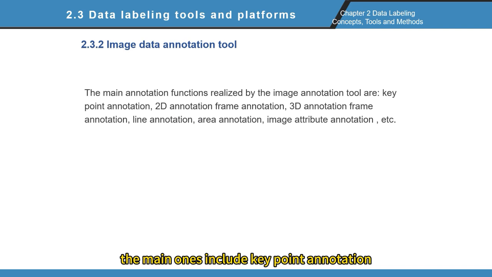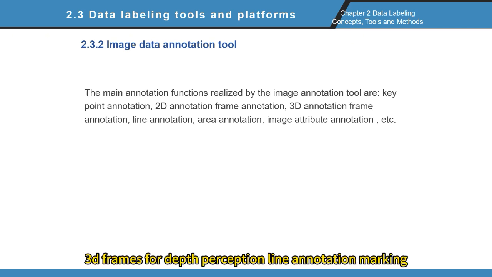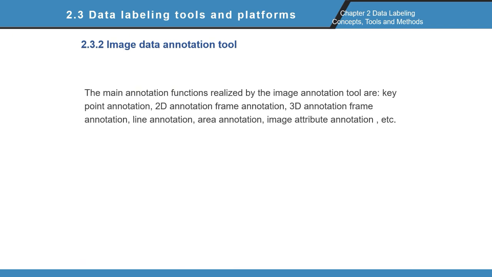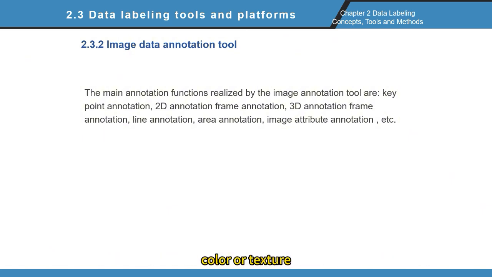The main ones include keypoint annotation, marking specific points on an image, 2D bounding box annotation, drawing 2D rectangles around objects, 3D bounding box annotation, creating 3D frames for depth perception, line annotation, marking lines, like edges, area annotation, outlining entire regions, and image attribute annotation, tagging attributes like color or texture. These functions collectively help AI models understand visual content in images.